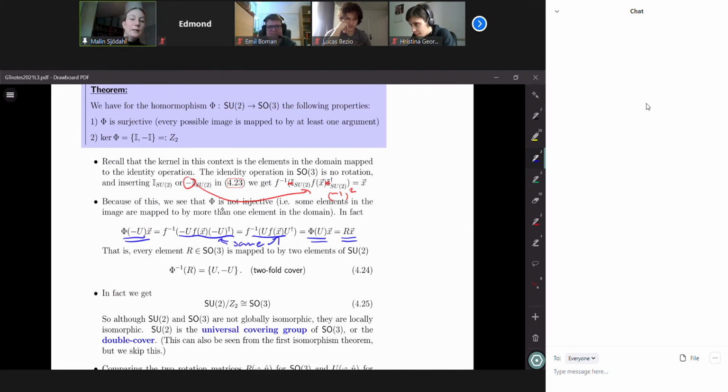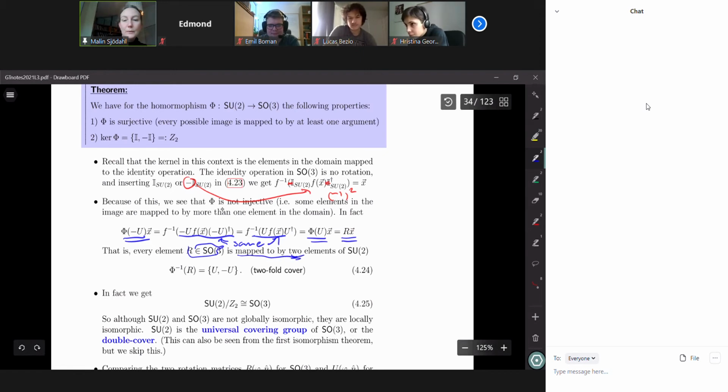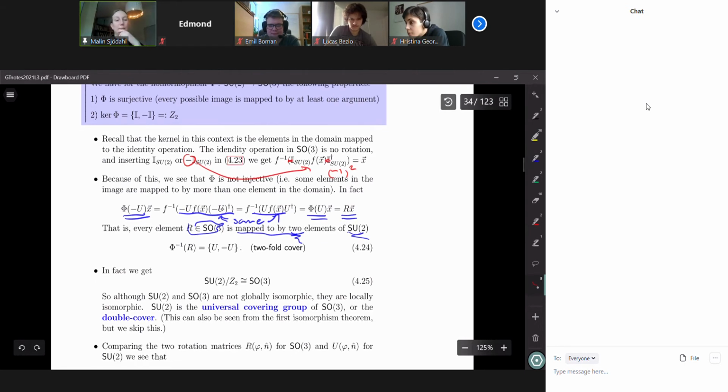So for every element R in SO3, we have that it's mapped to by two elements in SU2, let's say u and minus u. So we have a twofold cover of SO3. So in more group theory wording, SU2 mod Z2 is isomorphic to SO3.